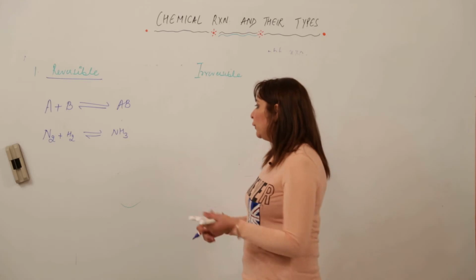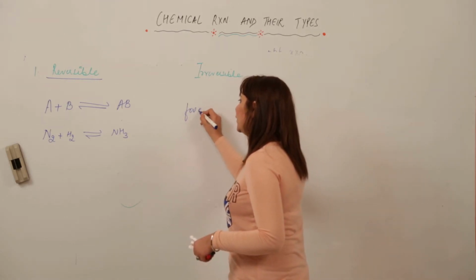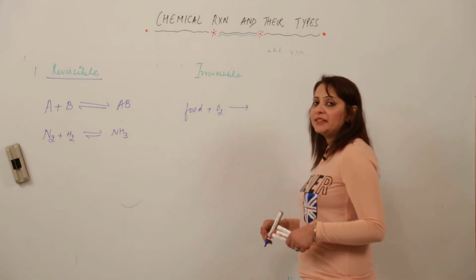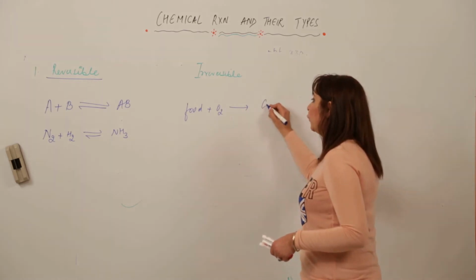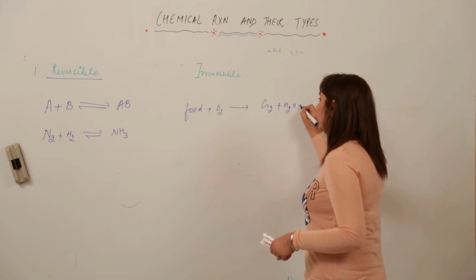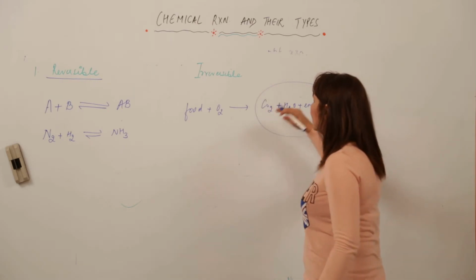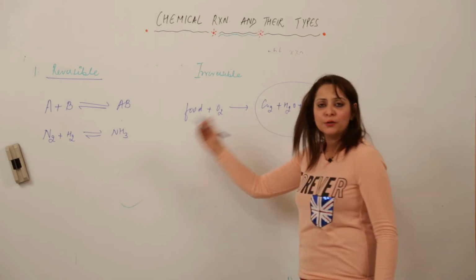For example, you are eating food and oxidizing the food. That means food is getting broken down in the presence of oxygen. What do you get? We get CO2, water vapor and energy. Can this CO2, water and energy unite back to form food?